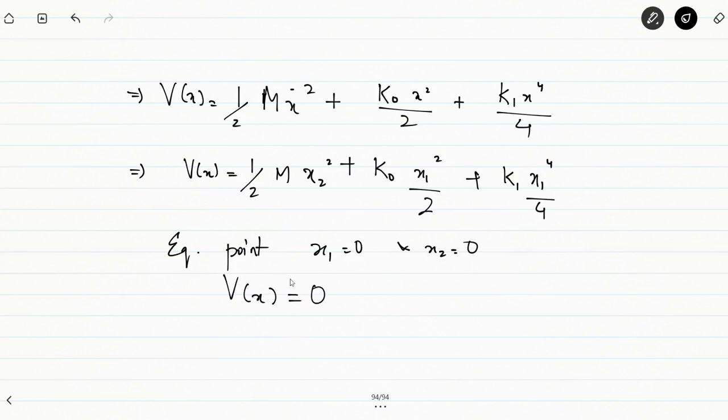So at the equilibrium point of the system, when you substitute x1 equal to 0, x2 equal to 0, taking this equilibrium point at the origin, v of x you can see is equal to 0, and v dot of x will be given by m x double dot. So this becomes 2 x2. Fine. 2 cancels out.